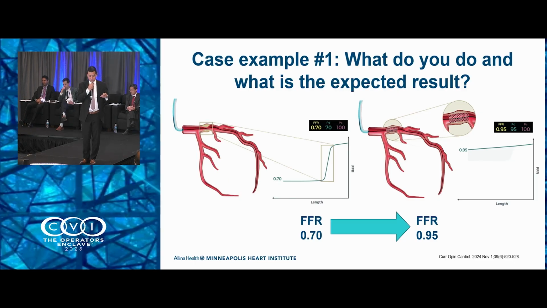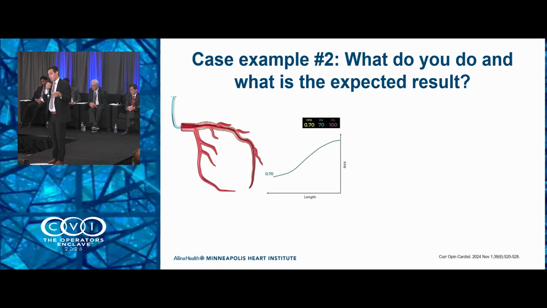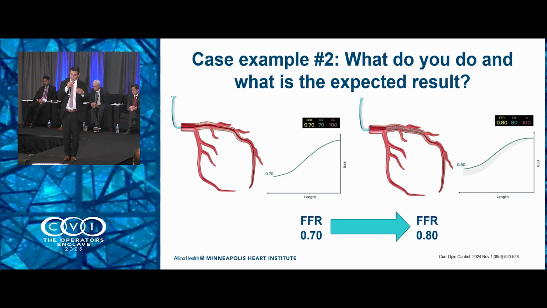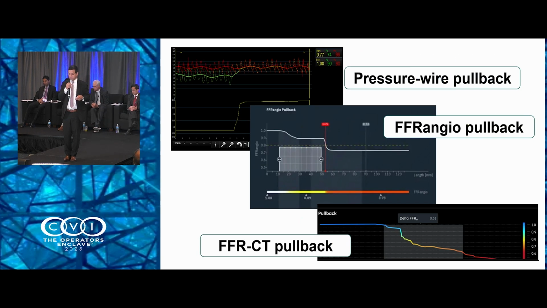Those are the patients that we know do very well, with improvement in symptoms and likely also improvement in their outcomes. Whereas when we have diffuse coronary artery disease, there's now this gradual increase in pressure gradient across your pullback. These are the patients that end up with a suboptimal physiology after PCI.